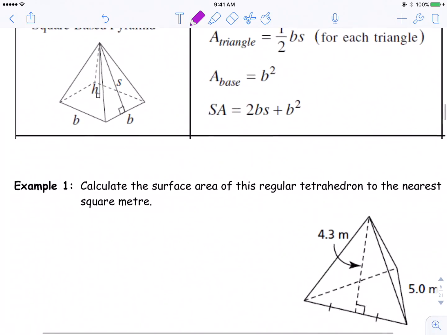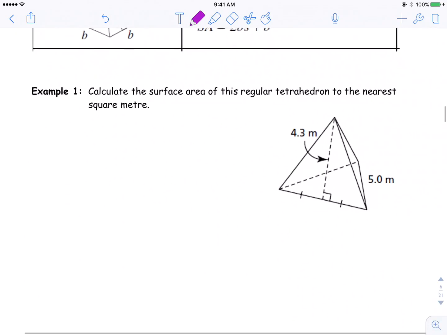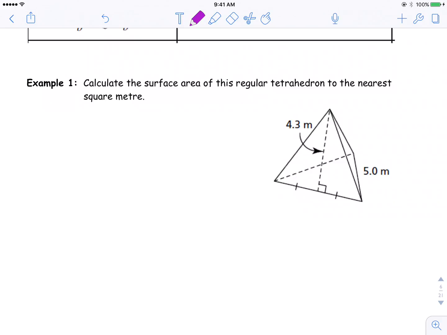So if we look at example 1, it says calculate the surface area of this regular tetrahedron to the nearest square meter. Now remember, area is a two-dimensional object. Surface area is the area of the outside faces of a three-dimensional object. So that's how it changes from area to surface area.